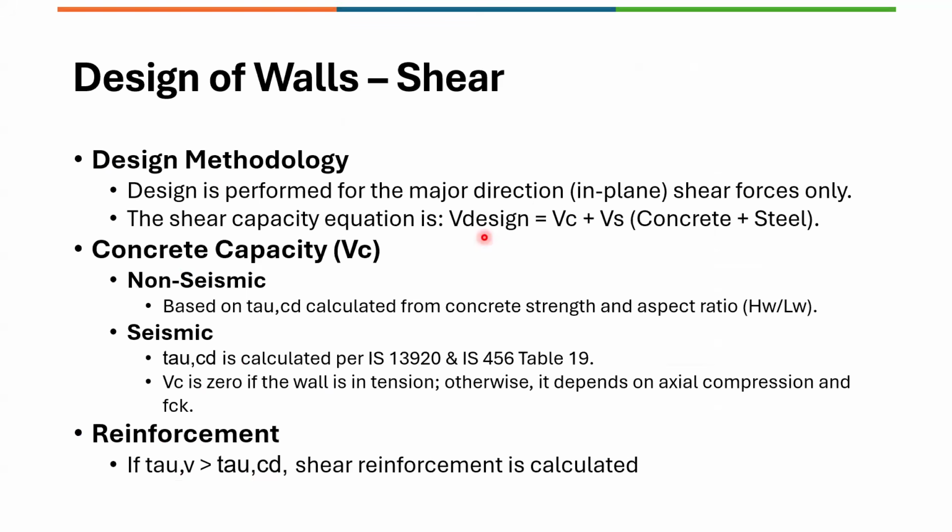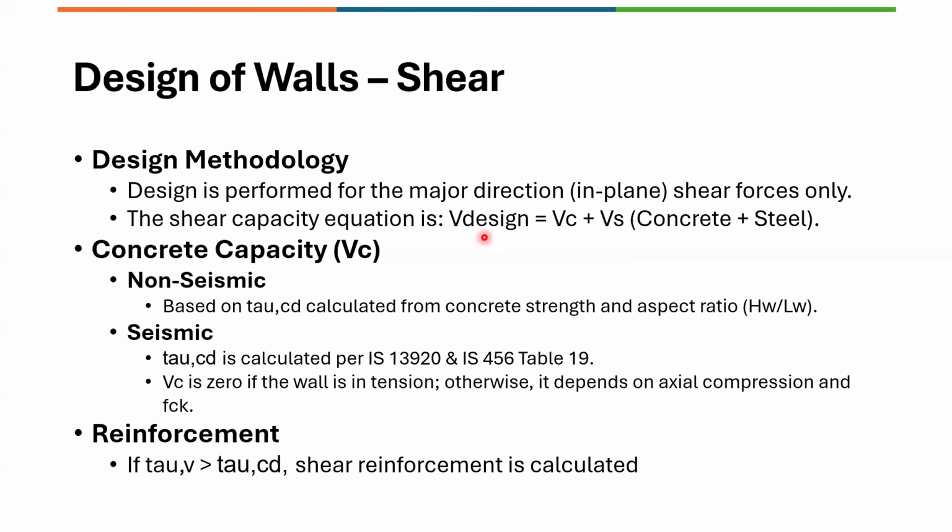Now, walls for the shear. So only the major direction, the in-plane shear forces, are designed. The required reinforcements are calculated, and the capacity of the concrete, or the concrete strength, will be based, for non-seismic, as per IS 456.